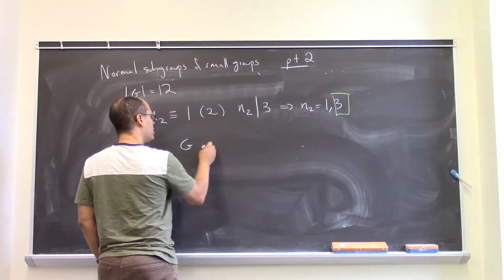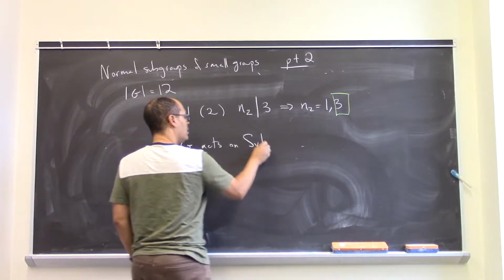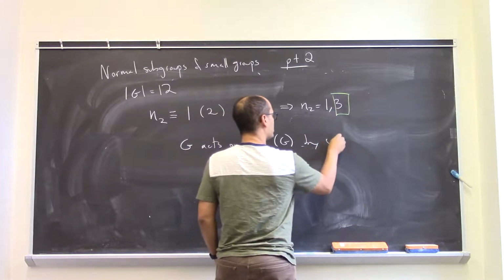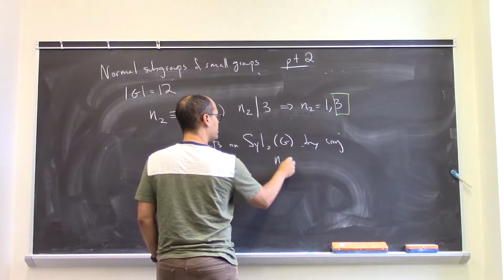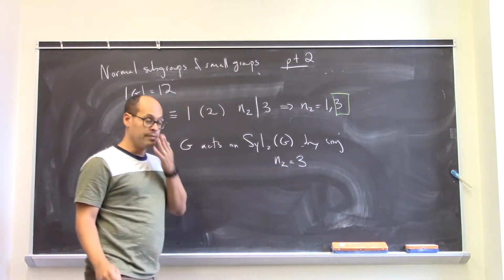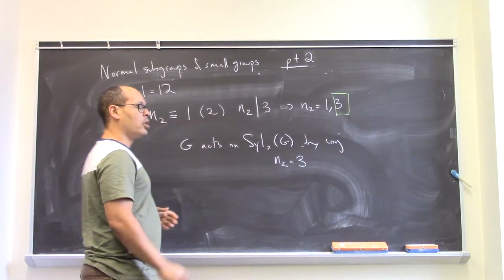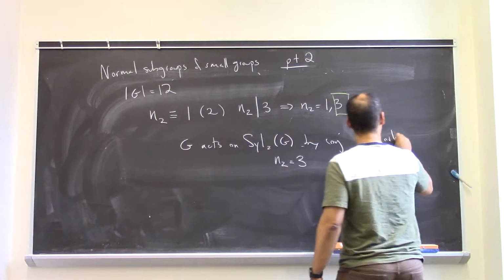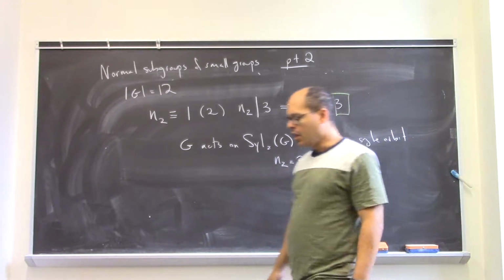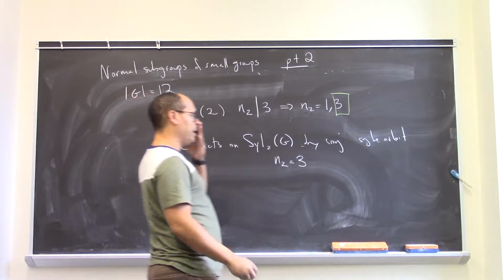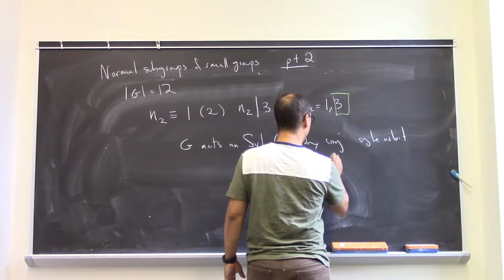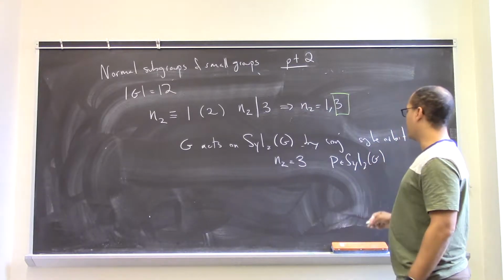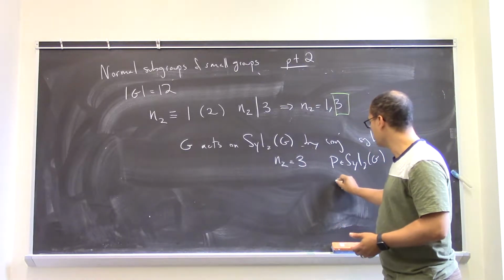So G acts on Sylow 2 of G by conjugation. The number of these is going to be 3 by assumption. Furthermore, they're a single orbit. If P is one of them, a Sylow 2 subgroup of G, what is the stabilizer of that action?